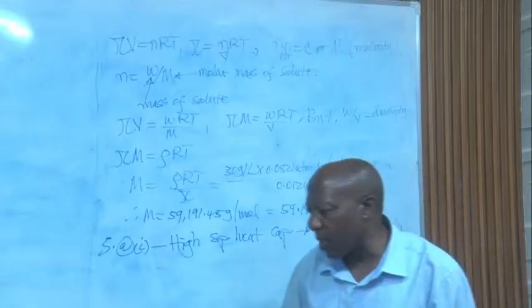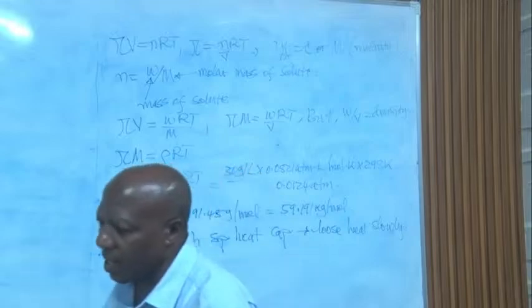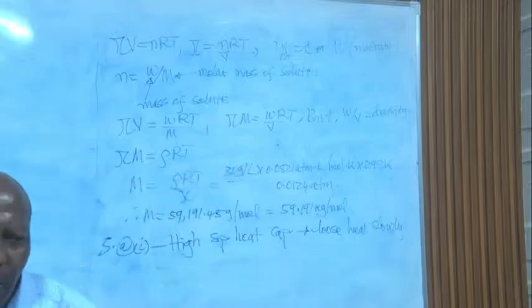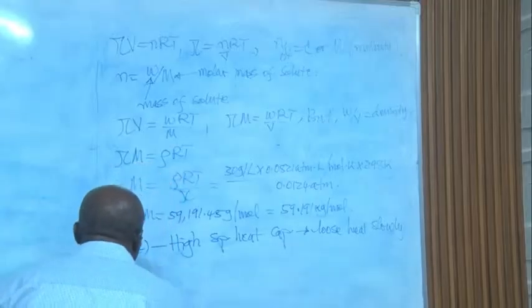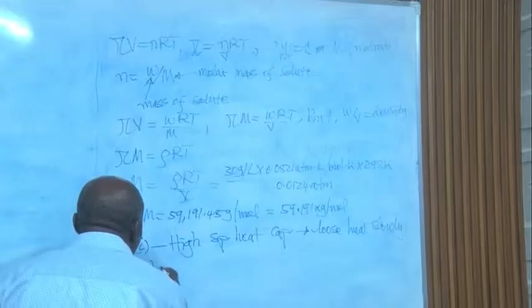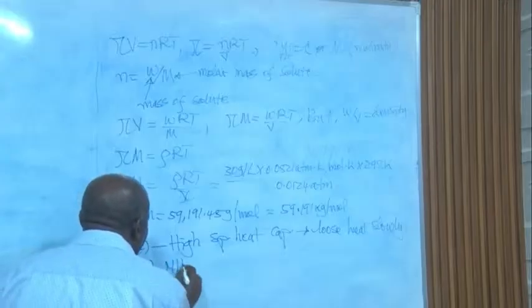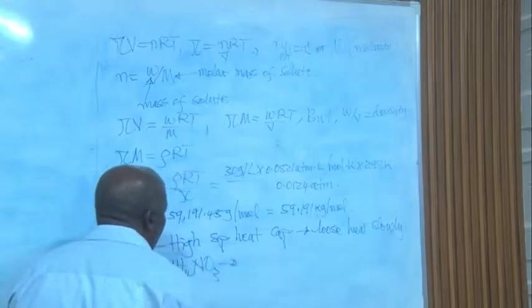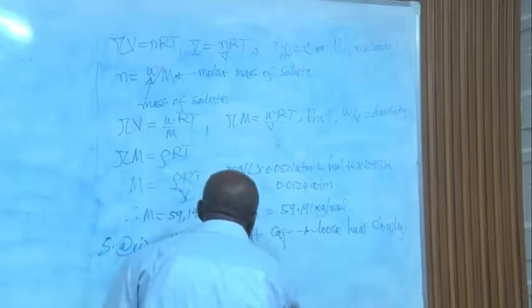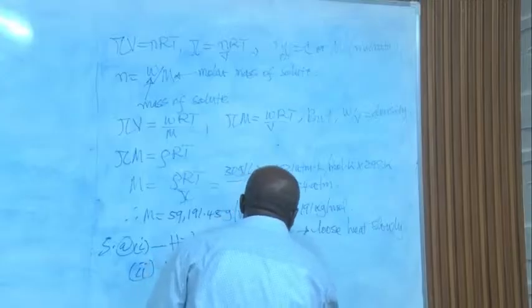Cold or hot packs are materials which either lose or gain heat. If you take, for example, ammonium nitrate, which is commonly used as a cold pack.